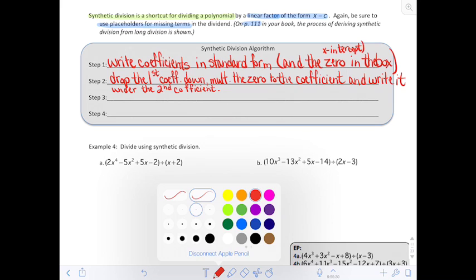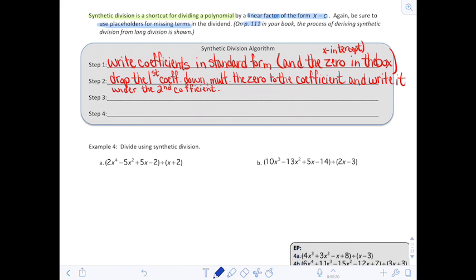After that, let me change colors so they don't run together too much. So step 3, we're going to add that product that you just got to the second coefficient.